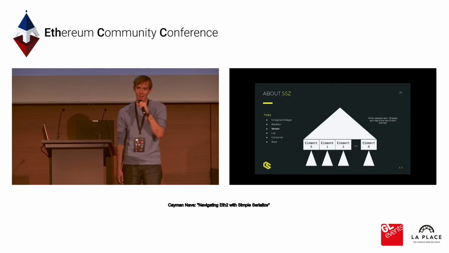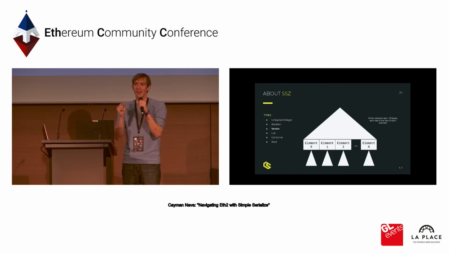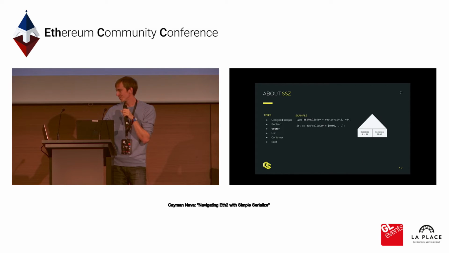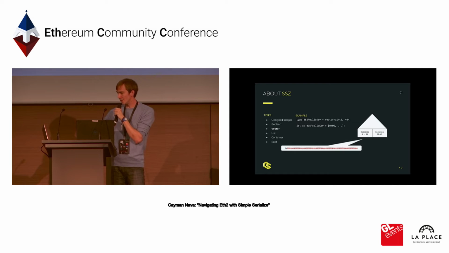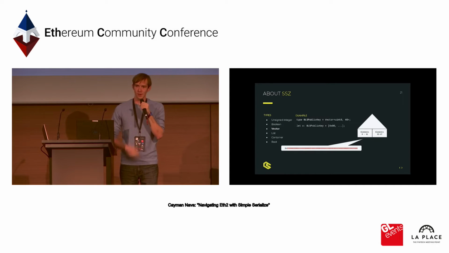Oh, and if the element is actually bigger than 32 bytes, then first we Merkleize that element, and then we put the root into each leaf. So here's an example where we have a public key. A public key in Eth2 is a length 48 byte array.